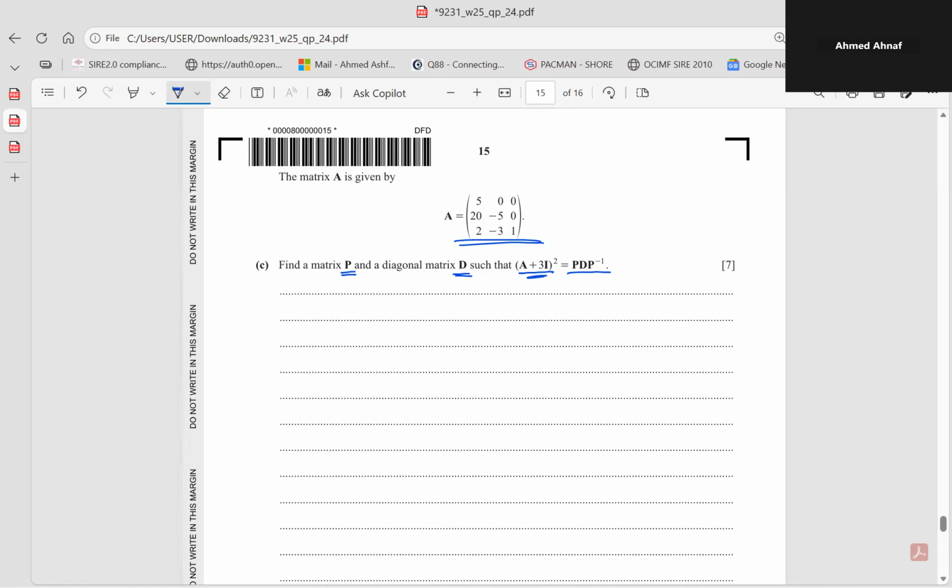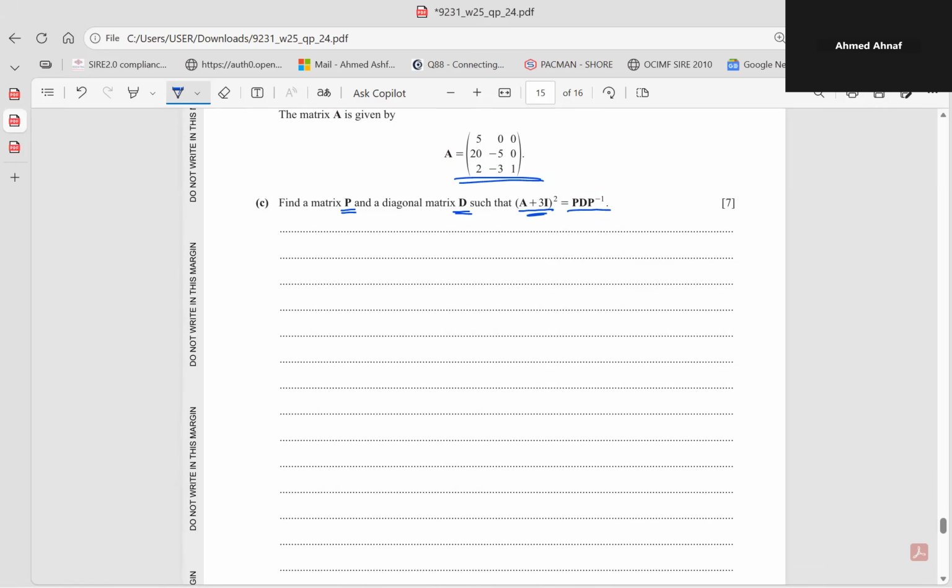The matrix P contains the eigenvectors of (A plus 3I) squared, and the matrix D is the diagonal matrix that contains the eigenvalues. So first things first, let's find the eigenvectors and eigenvalues of A.